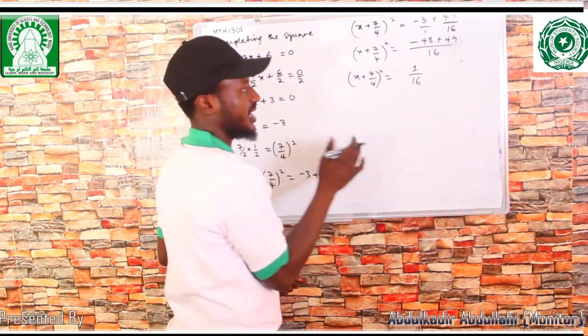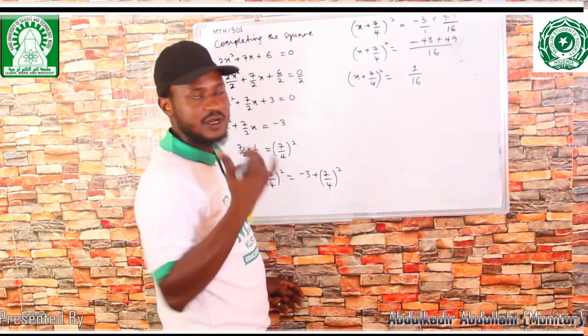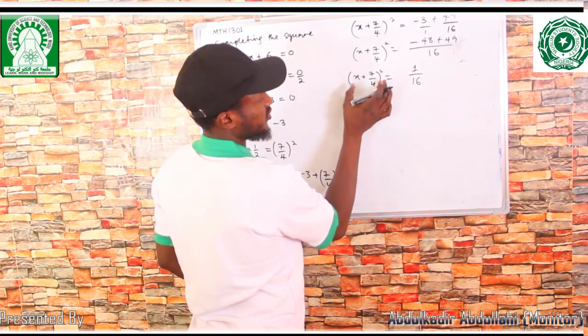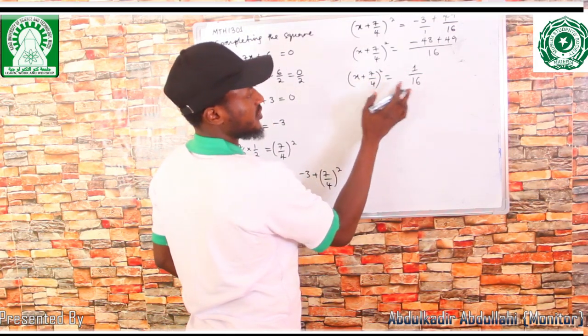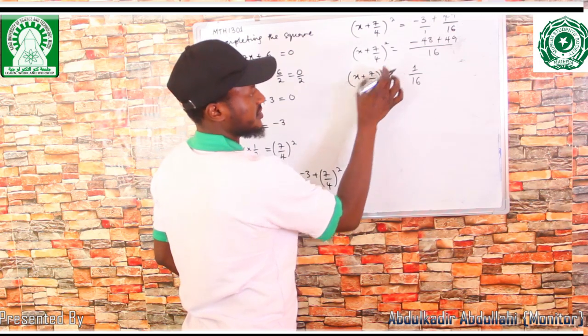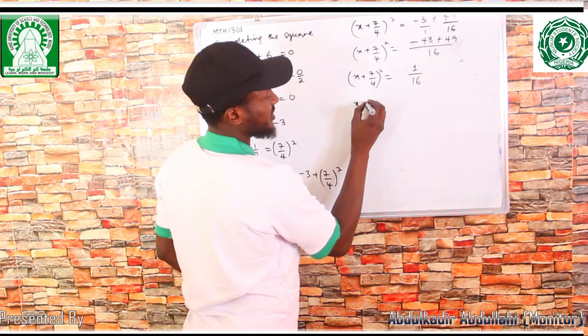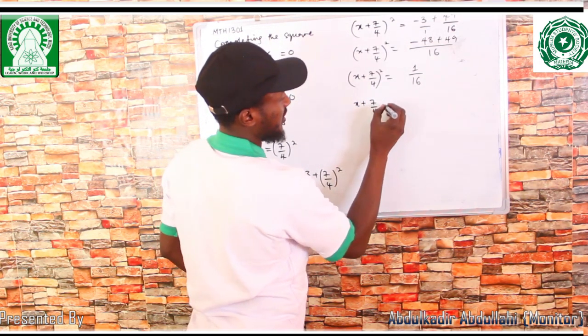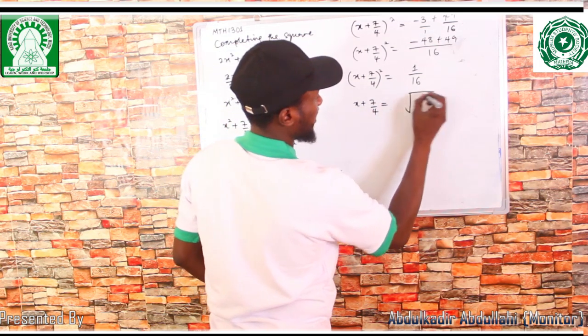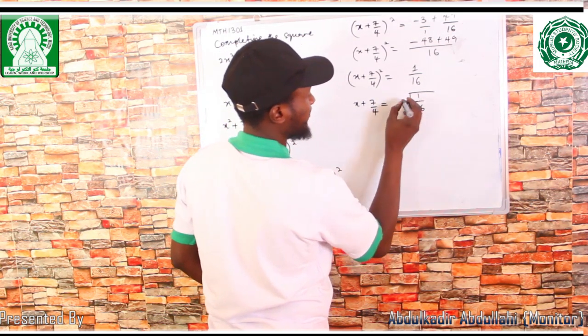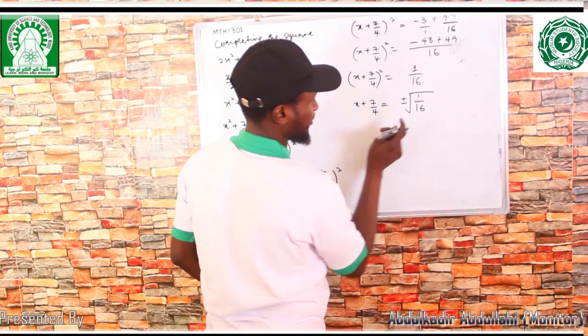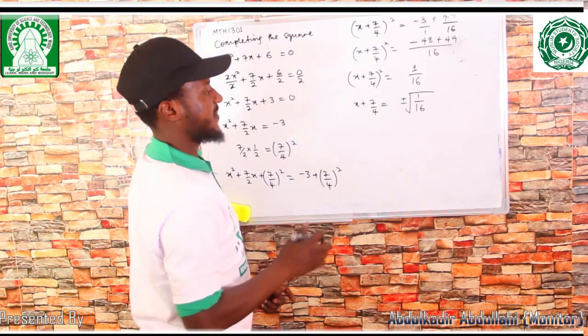Having a single fraction, you take the square root of both sides. The square goes, and we have x plus 7 over 4 equals the root of 1 over 16. Don't forget, whenever you put a root, you must put plus or minus.